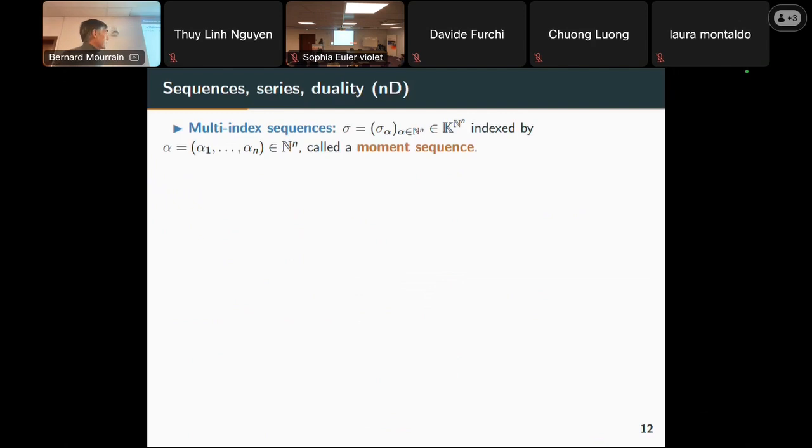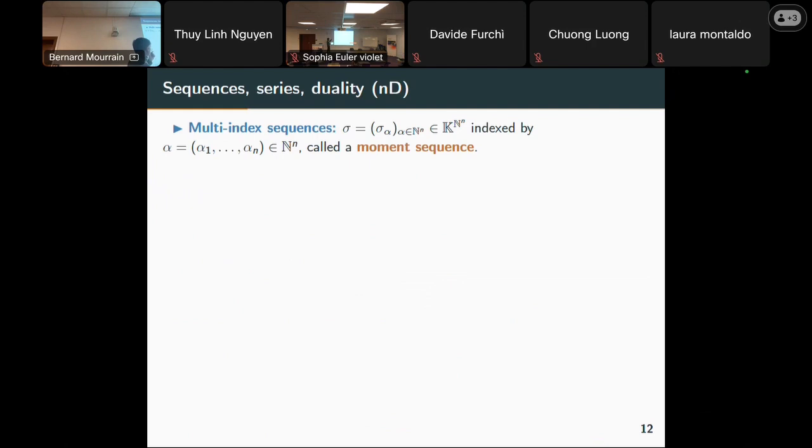We do the same exercise with multi-indices. So now we are in dimension n. We have variables x1 to xn. We have multi-index sequences sigma, indexed by alpha, where alpha is in N^n, so sigma is an element of K^(N^n).